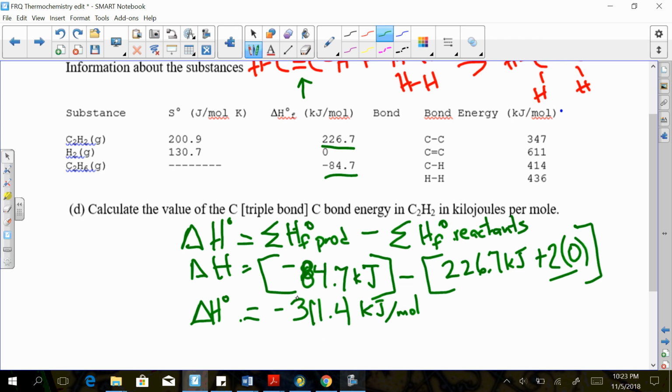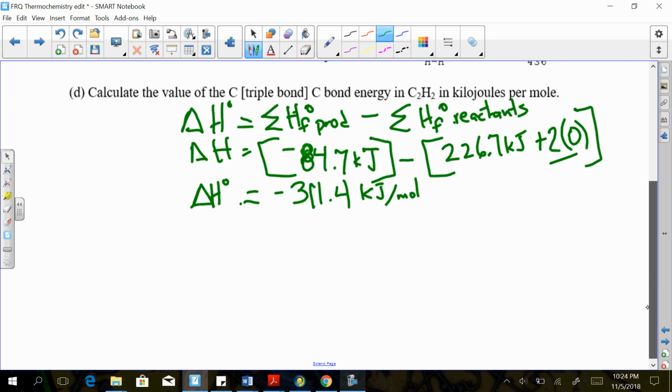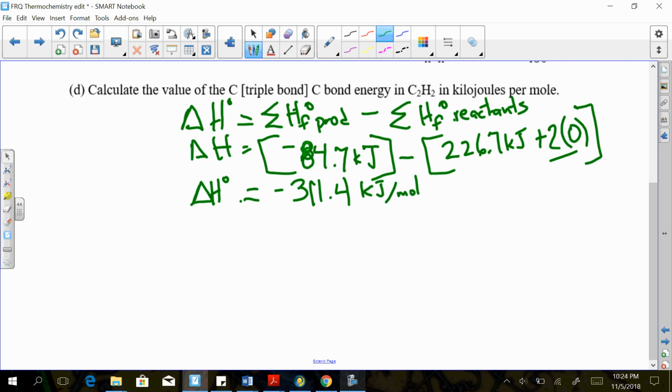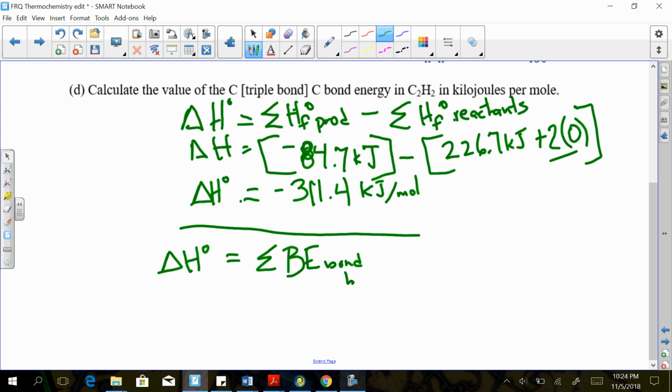I'm going to use this from the overall reaction to figure out what is the bond energy of the carbon-carbon triple bond. So now, part 2 of D, if I take this enthalpy of reaction from right here, and I use it, so I have the sum of the bond energies for the bonds broken minus the sum of the bond energies of the bonds formed.